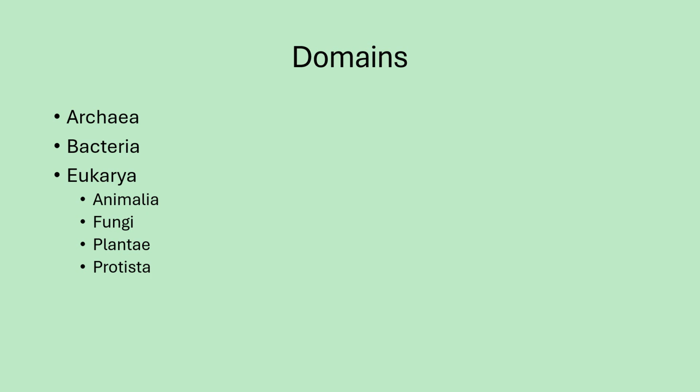But every living organism will be placed into one of these three domains. And as you saw on a previous slide, in microbiology, we focus mostly in this class on the bacteria, but we also will look some at the archaea. And under eukarya, we will be looking at fungi and protistas.